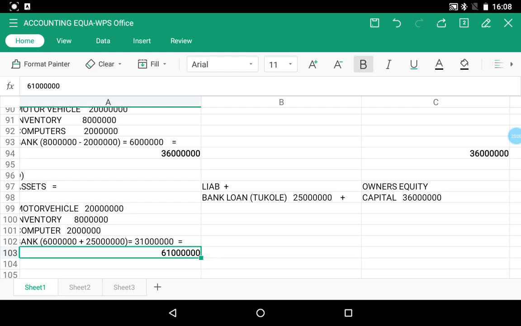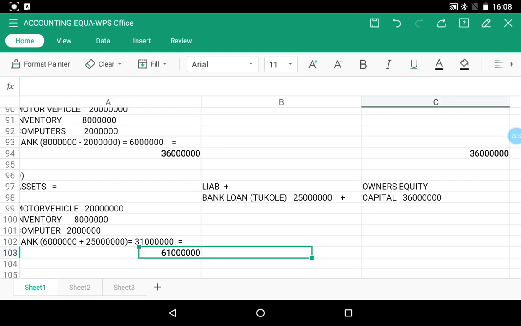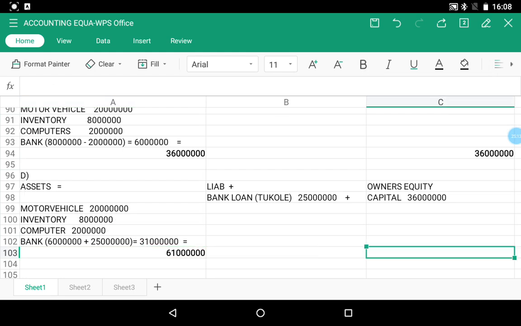So that is our total assets. Under our owner's equity and liability, we have bank loan, which is 25 million plus capital 36 million. You get 61 million. So our accounting equation is still balancing.